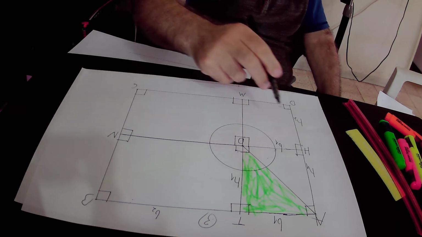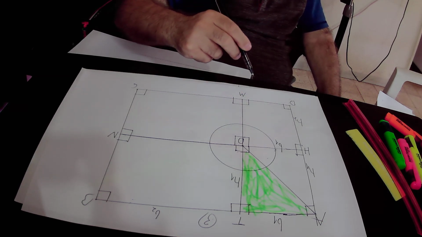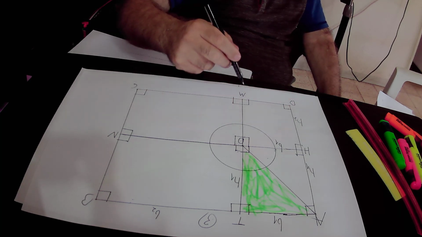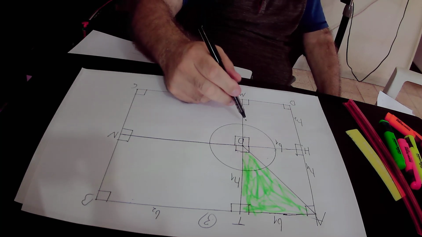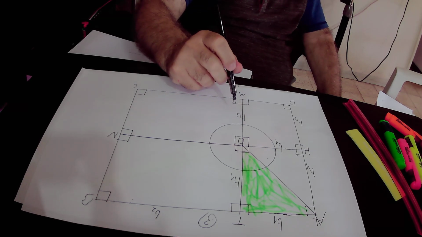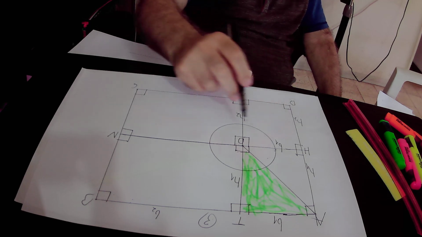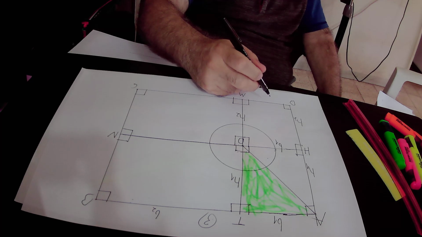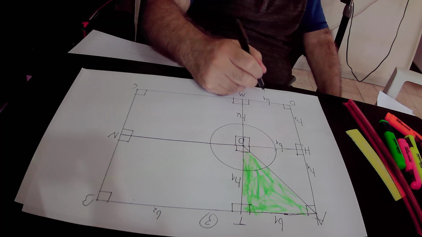In rectangle HODM, HD equals OM, but we know that HD equals H2, therefore OM must also equal H2. Likewise, HO must equal DM, but we know that HO equals B1, therefore DM must also equal B1.